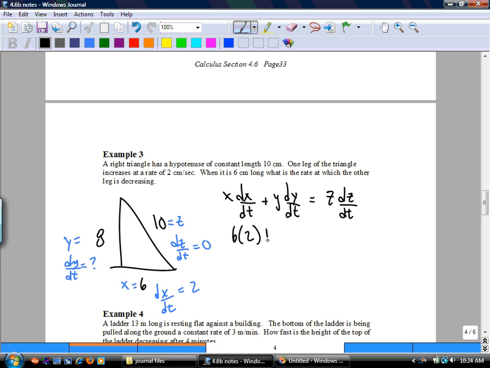6 times 2 plus 8 times dy/dt equals 0. So you should have negative 12 over 8, negative 3 over 2 centimeters per second.